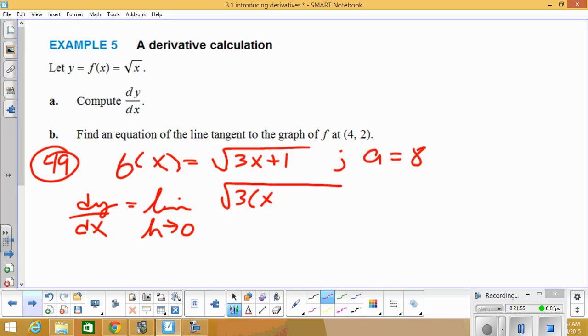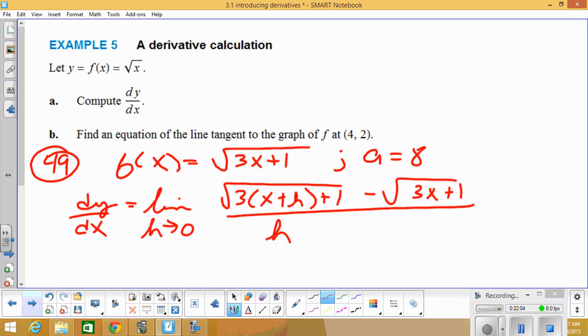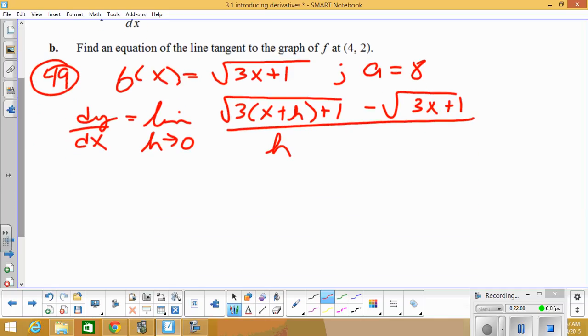I'm going to go ahead and do that same thing. Wherever there's an x, I'm plugging x plus h in. And then from here, just the function all over h. Long story short, you have to multiply this by its conjugate of the numerator in order to reduce and get rid of that h in the denominator.